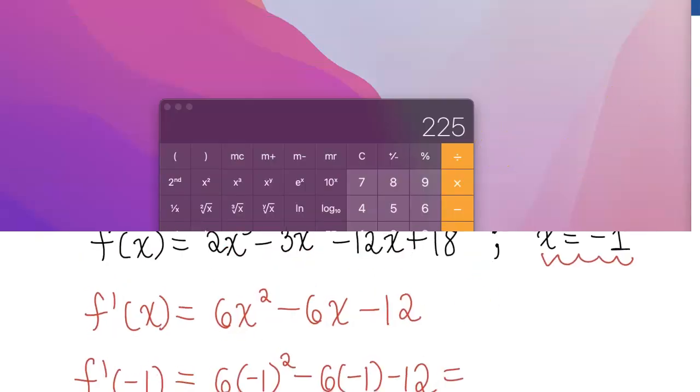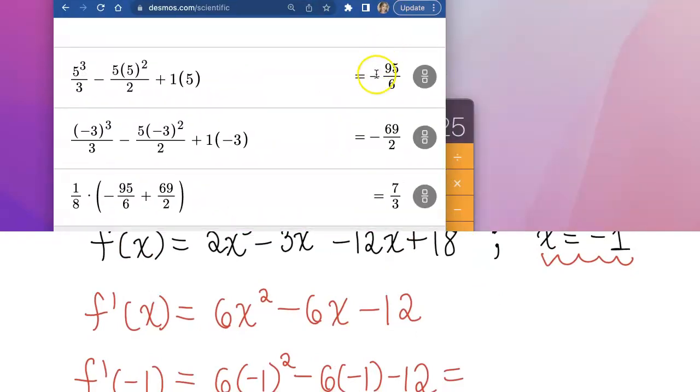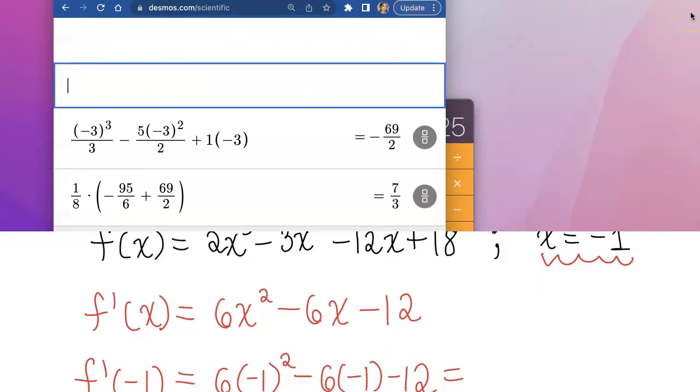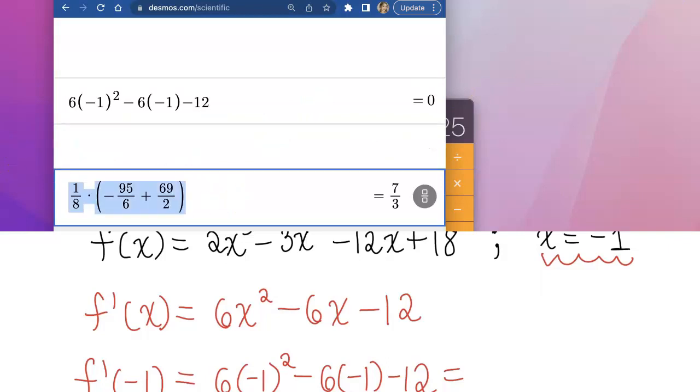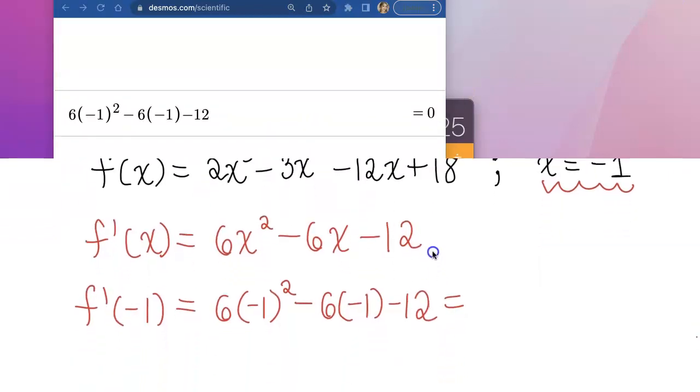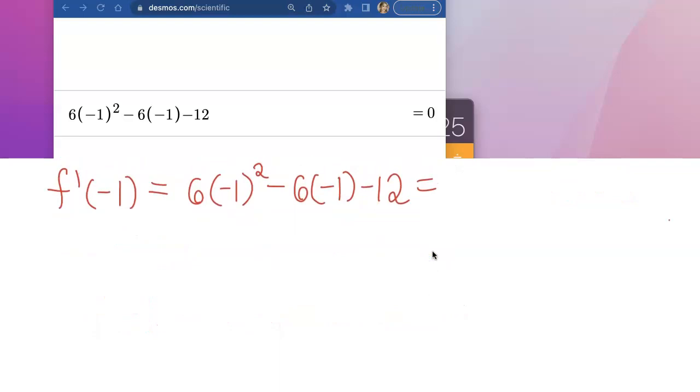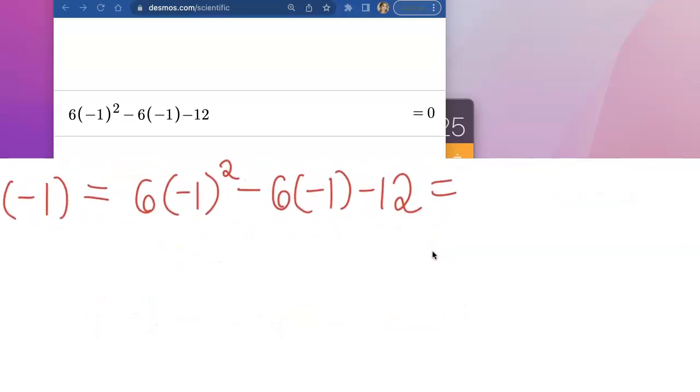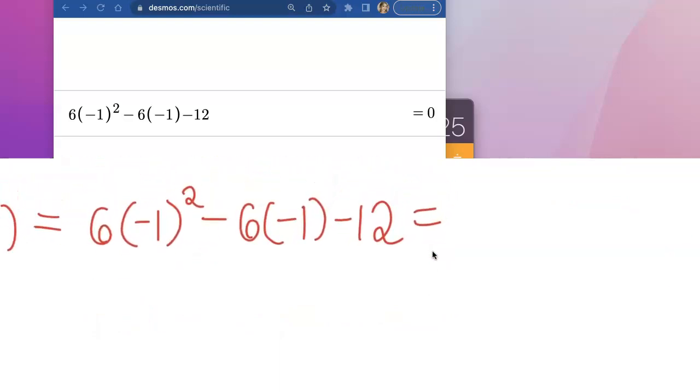I'll get a calculator. So 6 times negative 1 squared minus 6 times negative 1 minus 12. Sorry about all this extra mess that you don't need to see. So I plugged in negative 1 into the first derivative, and look, I got 0.